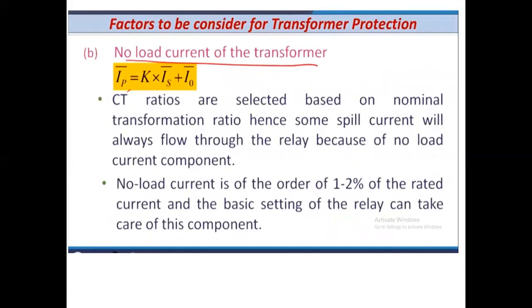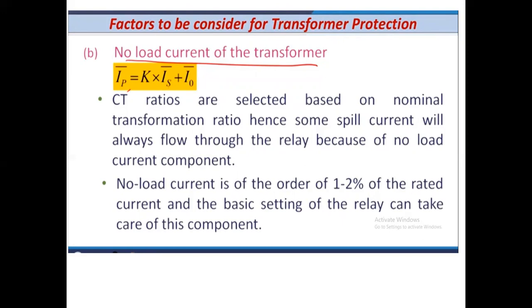Now the second point we need to consider is the no load current of the transformer. We know the primary current of the transformer, IP, is equal to IS times some transformation ratio K, where IS is the CT secondary side current, plus I naught.